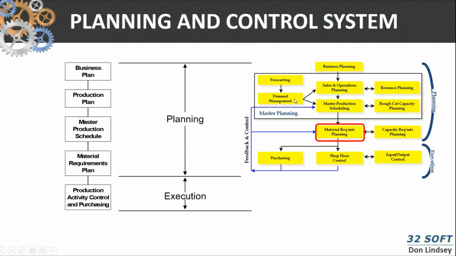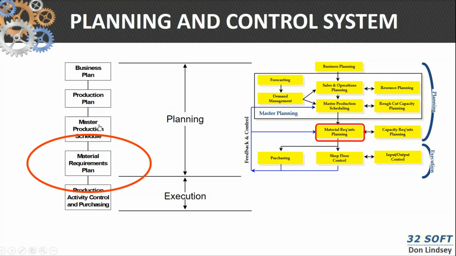If you remember from last session on the 13th, we talked about this ERP2 closed loop system. Well, today we're going to concentrate primarily on MRP. The closed loop system starts up at the top with business planning that feeds down into production planning.